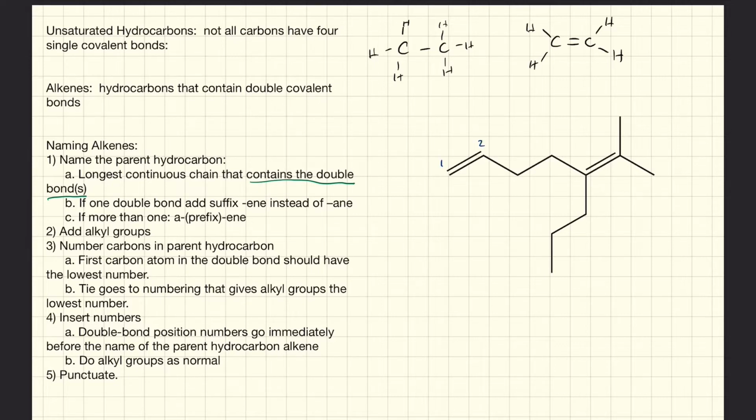Okay, so we can number these. It's 1, 2, 3, 4, 5, 6, 7. And I'll just go to this one. So we could number that way, we could number it this way. But either way, this is a heptene, except there are two. So we're going to use this here, hepta. So hept, and then the prefix telling us how many, the Greek prefix telling us how many double bonds we have.